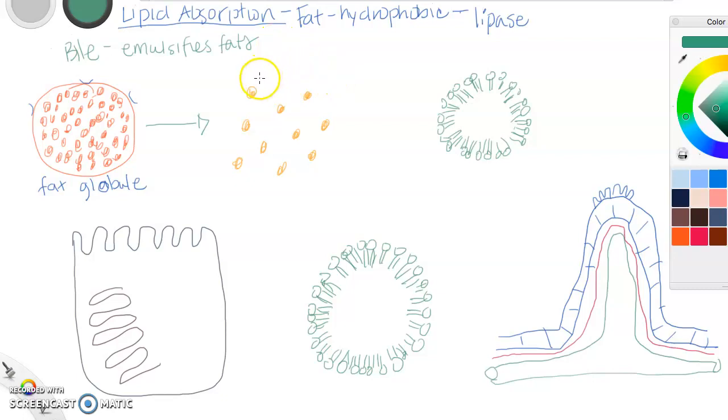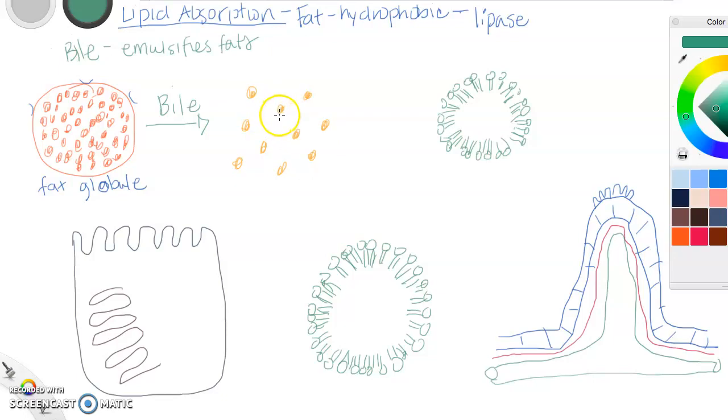Bile is made of cholesterol, phospholipids, and other stuff, but the main important thing about emulsification is that it has bile salts in it, which are cholic acids. These bile salts are what break up this big fat globule into these smaller little droplets. So if we add bile to this fat globule, it breaks it up into these little droplets here.